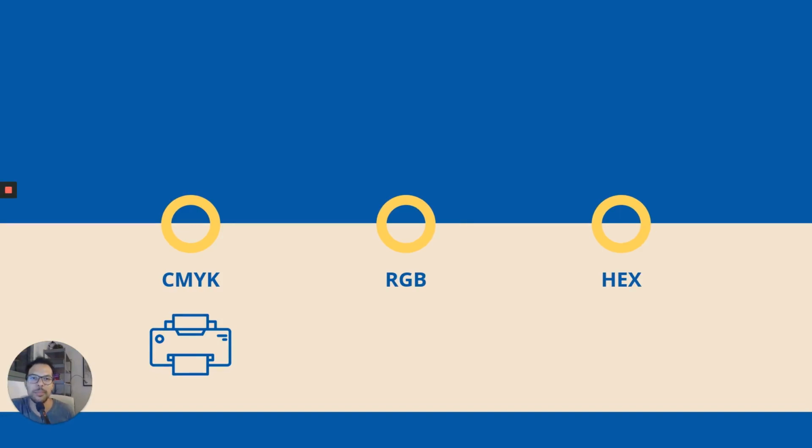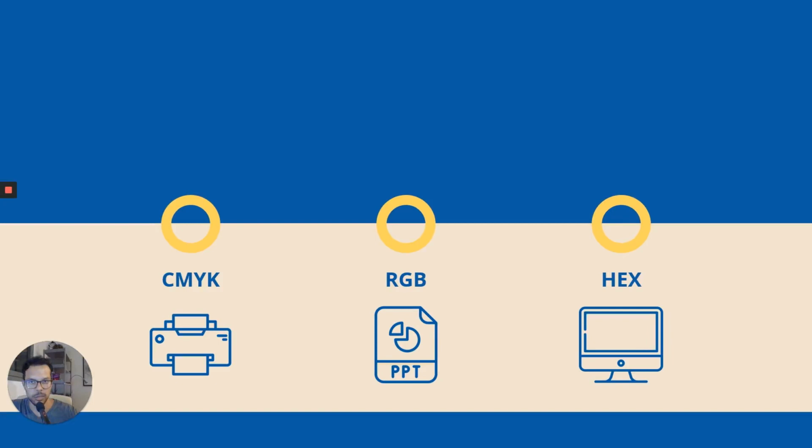Most likely the place that you send out your poster to be printed will have to transform your colors into this format in order to print it. And that's why we recommend printing your poster on a small sheet of paper first, so you can see if the colors look alright. And as I said before, RGB is more often used as the standard format for PowerPoint files, for example, whereas hex is the most dominant form in websites and applications.